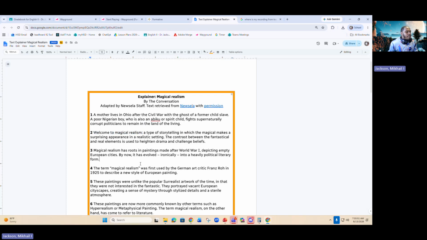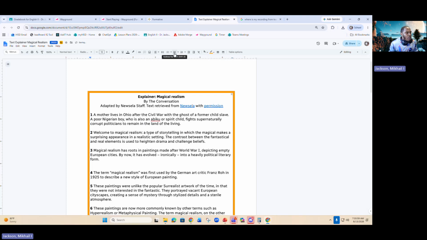This third paragraph takes a turn and brings up how magical realism has roots in paintings. But what I'm going to put, I'll always start my bullet point. I'm going to type the annotation. Eventually, I'll get to the point where the annotation is just created. I'm going to put P1, capital P, standing for paragraph one, dash paragraph 3.